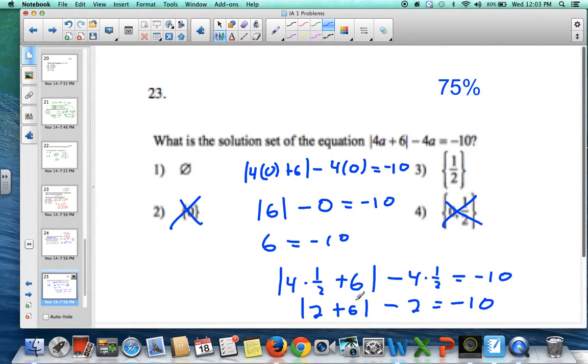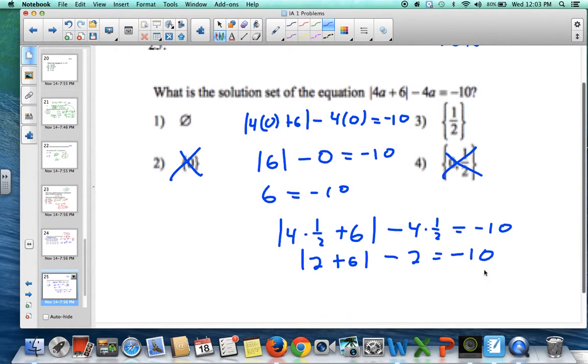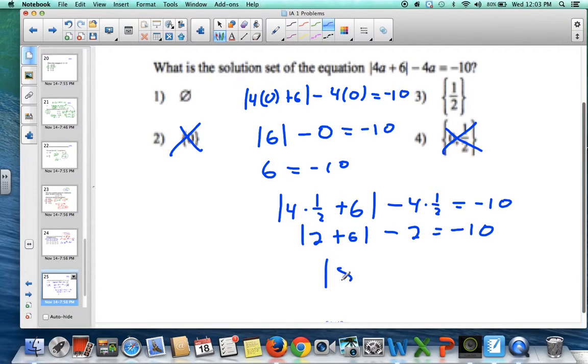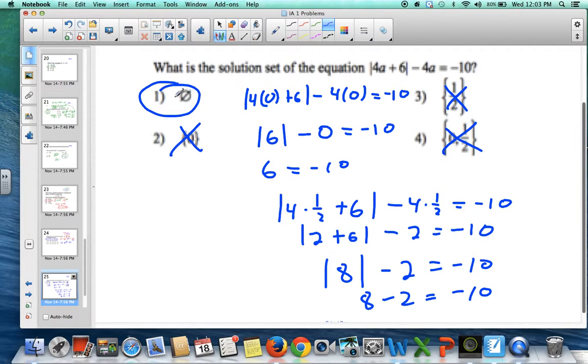The absolute value of 2 plus 6 is 8. So I get 8 minus 2 equals negative 10. That's not true either, so 1/2 doesn't work. So there's my no solution. There are other ways we can do this, but that's what I'm going to go with right now.